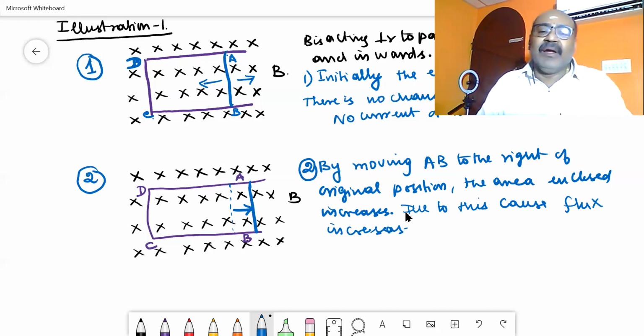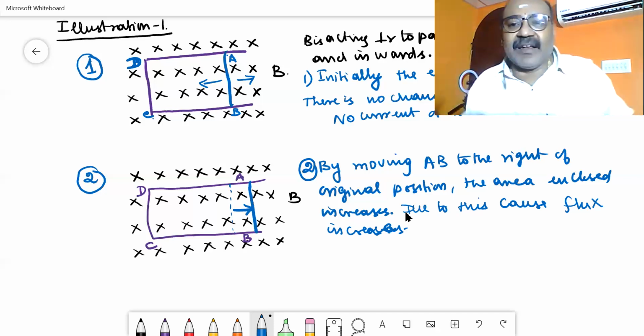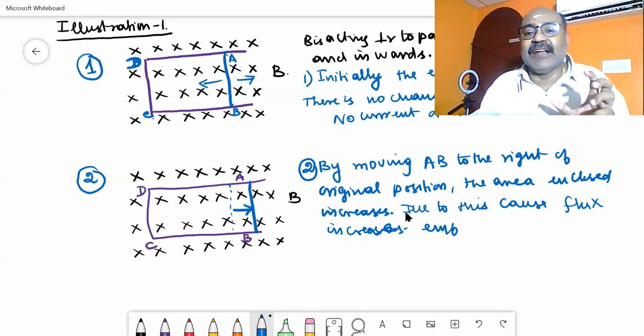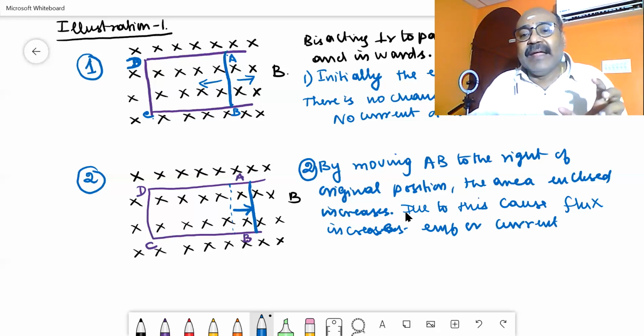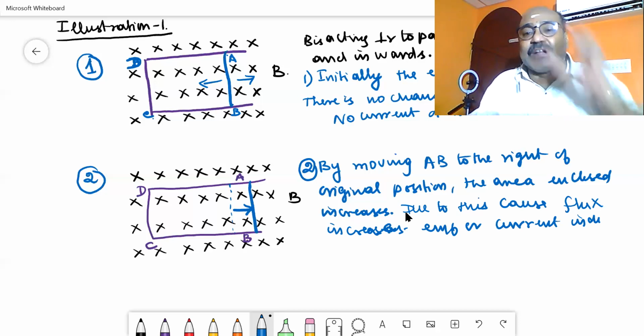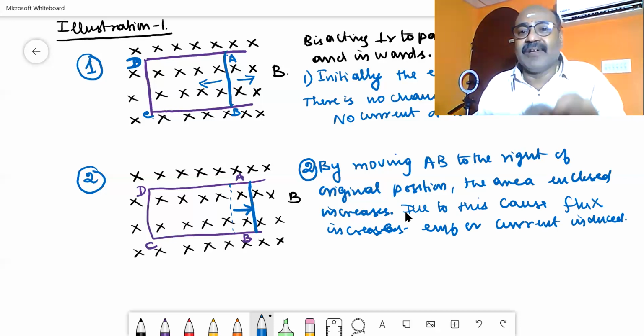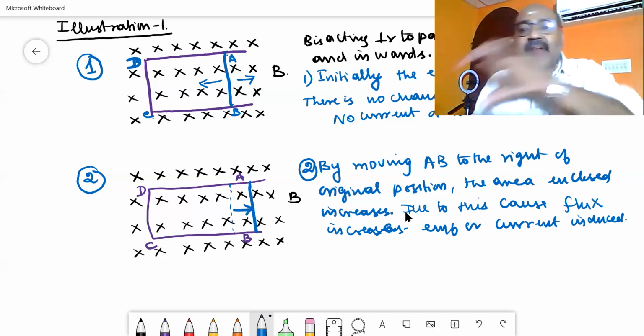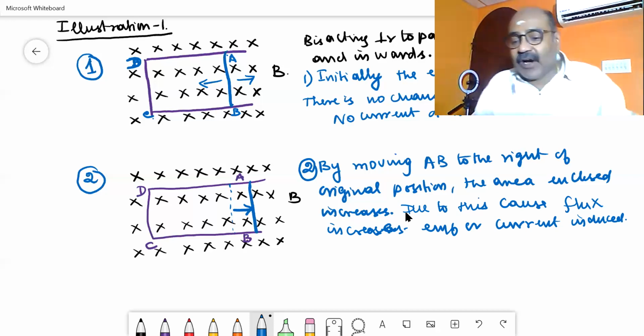When the flux increases, what happens? Due to this cause, EMF or current is induced. The EMF or current induced will try to decrease that change, because this induced EMF or current, according to Lenz law, acts in the opposite direction to that of the cause.